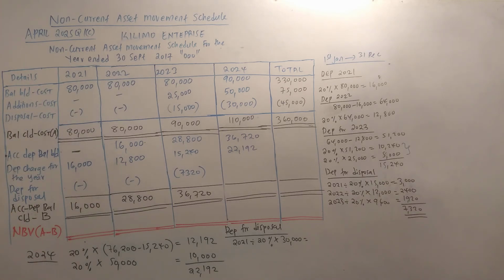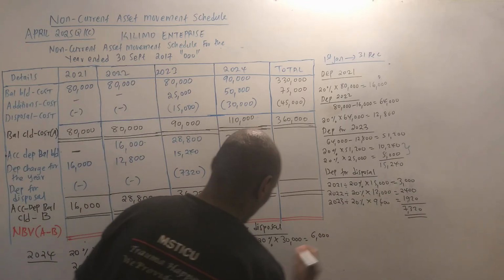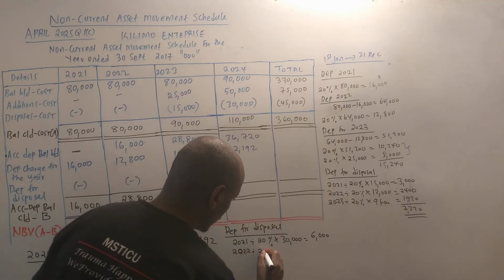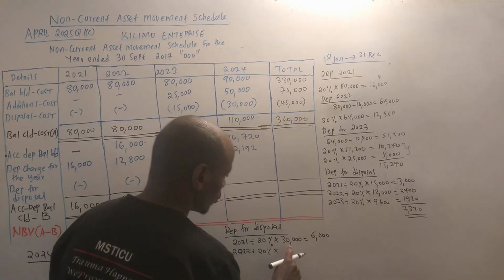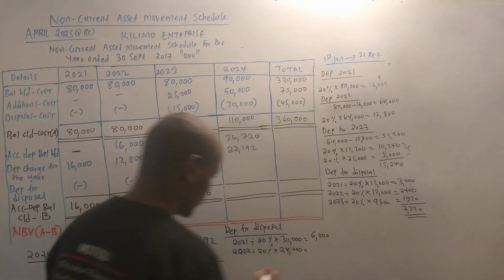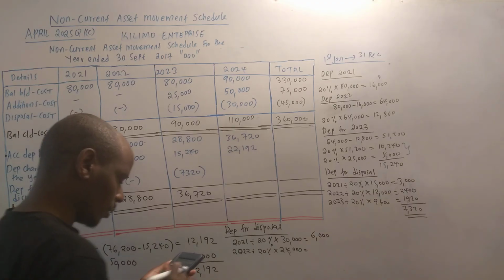So 0.2 times 30,000, that is 6,000. Then 2022, 20% times 30,000 minus 6,000, that is 24,000. So 0.2 times 24,000. That is 4,800.